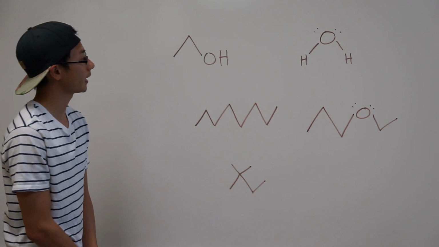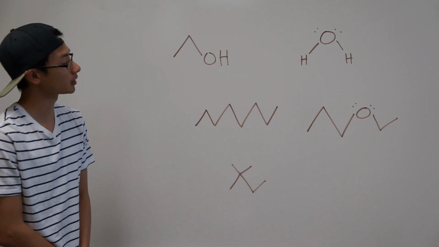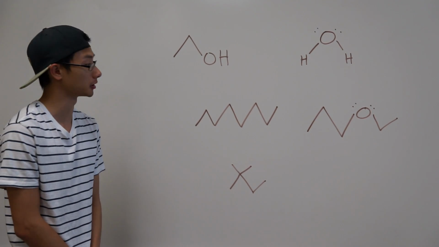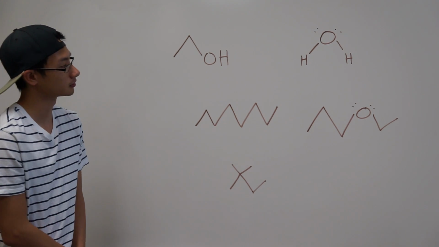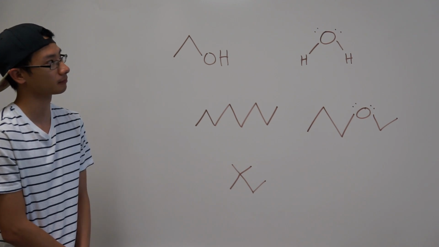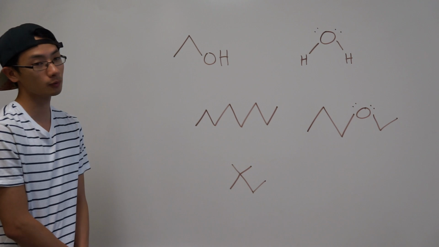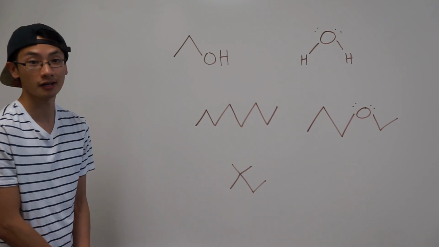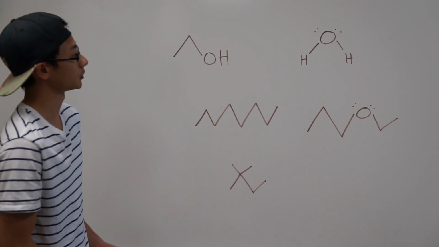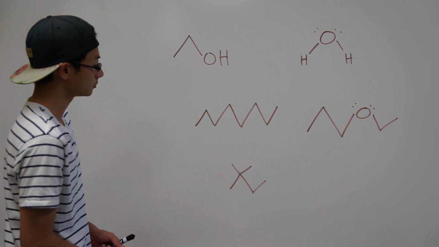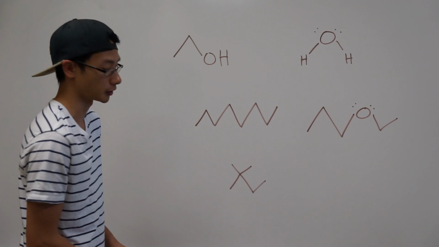Let's take a look at which molecules would have the highest boiling point. You could pause the video right now and take your time to go over it. Or we could wait a second. Good? Alright, let's do it. So, starting from the lowest boiling point, it would be this one.